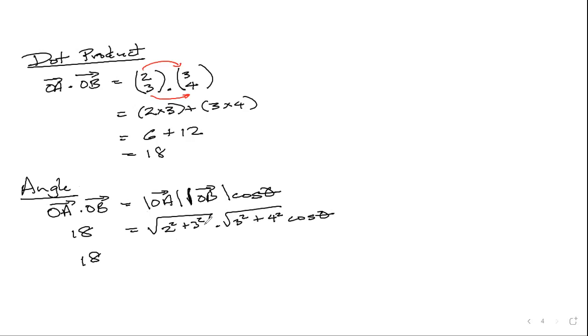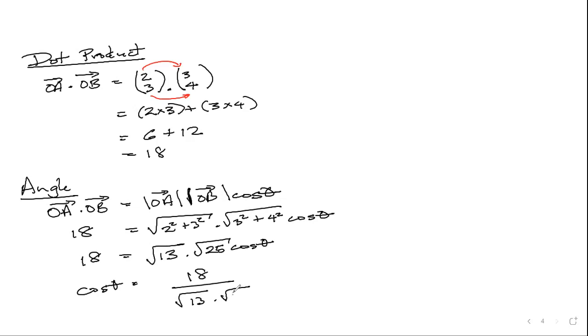So 18 is equal to root of 4 and 9, 13, times root of 16 and 9, 25. Therefore, cos theta, to make it the subject, is 18 divided by root 13 times root 25.